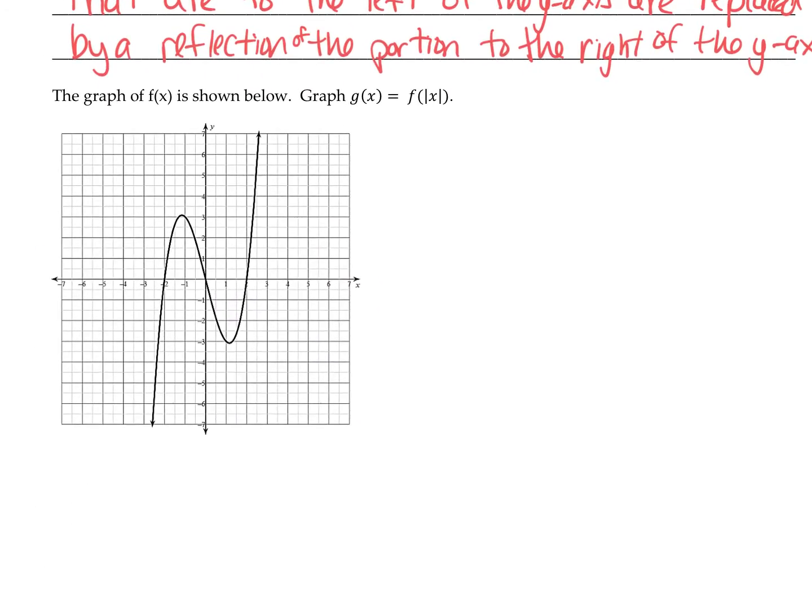All right, so now they're giving me the graph of g of x, and they want me to show what the absolute value of g of x would be. So essentially, I need to take what I have on the right side and reflect it over to the left. So I'm going to look for some key points.